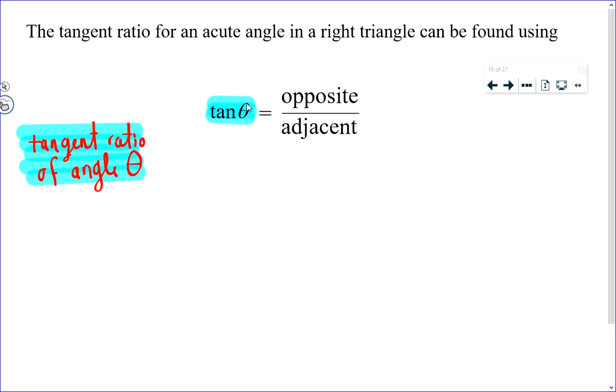And I could rewrite that and I could say tangent of alpha equals opposite over adjacent, or tangent of P equals opposite over adjacent. But we typically use theta. Sometimes we can just say tan theta. We don't need to say tangent ratio of angle theta. We can just say the tan of theta, or the tangent of theta. It's equal to the opposite side length divided by the adjacent side length.